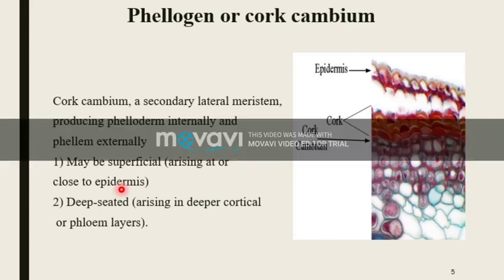It forms new tissues, which are called secondary tissues, in the cortex region. Here it is present.